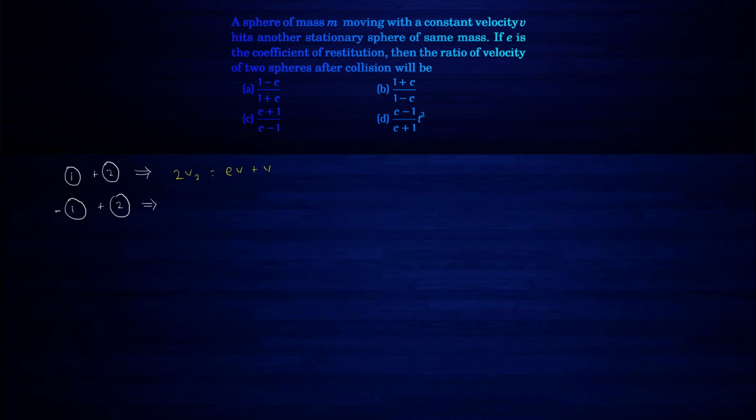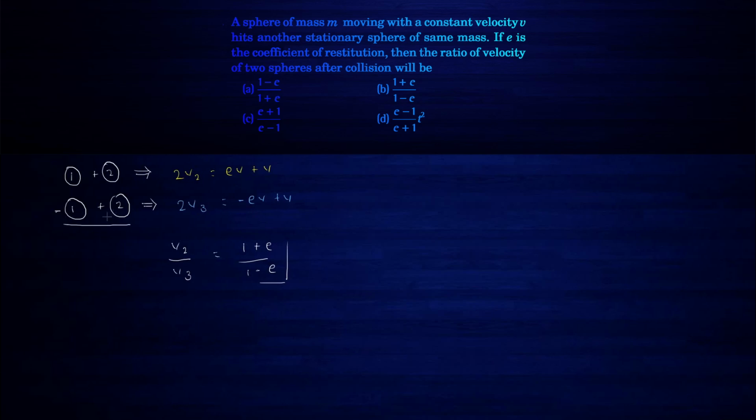Minus one plus two implies two times v1 is equal to minus ev plus v. From this, v2 by v1 is equal to 1 plus e by 1 minus e.